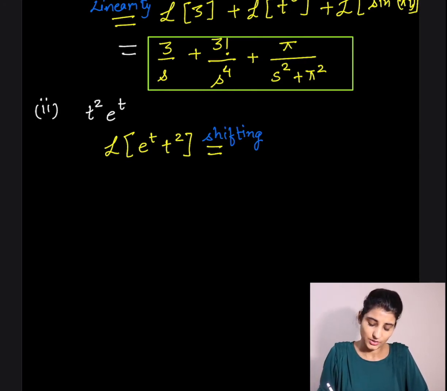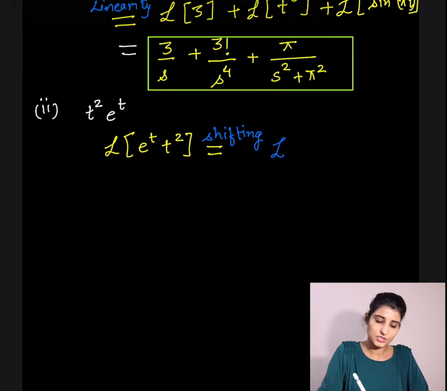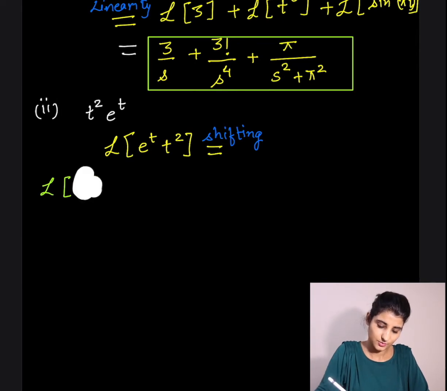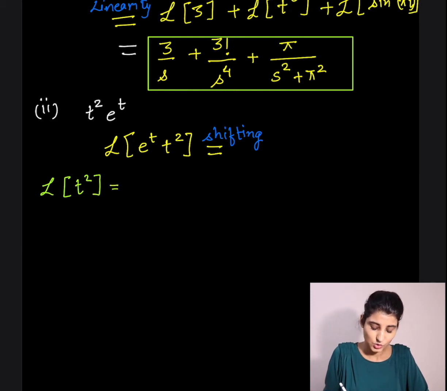So first we calculate Laplace of t square. Laplace of t square is equal to 2 factorial, which is 2, divided by s cube. We increase the power by 1.